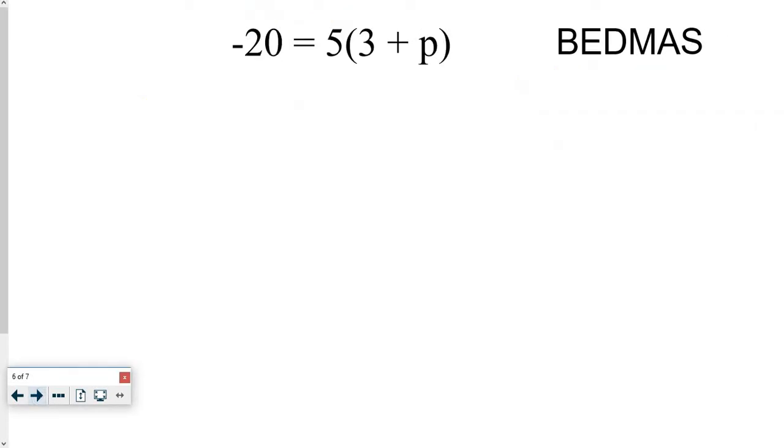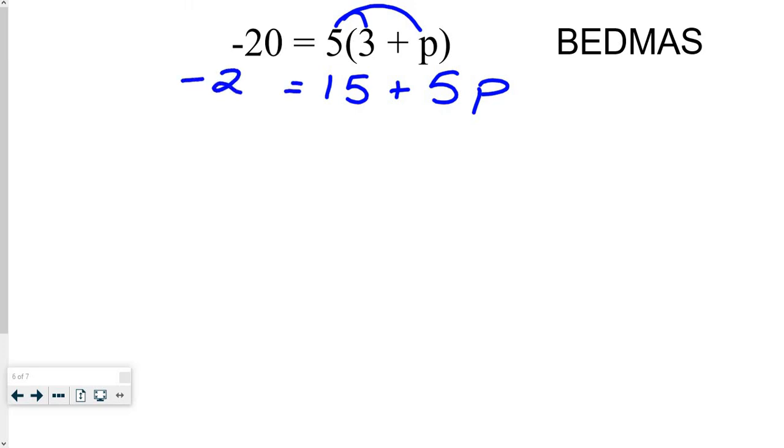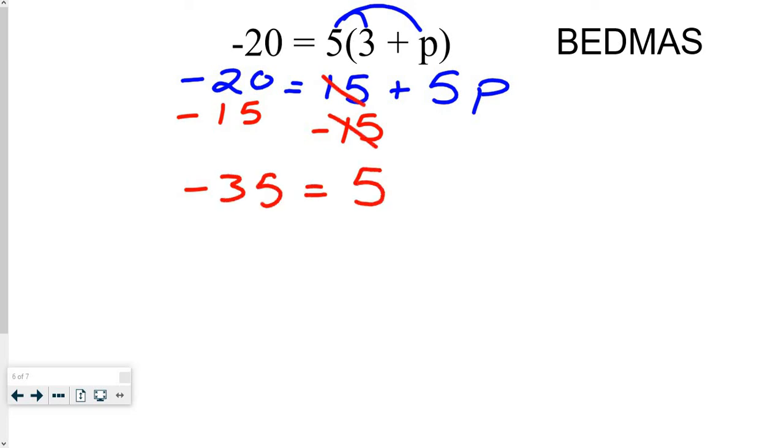I think the final one, or maybe the second last one, again, we're going to multiply this out, so that's 15. 5p plus 15 equals negative 20. So let's go through our BEDMAS. We subtract 15, we subtract 15, we're left with negative 35 on this side, and 5p over here.